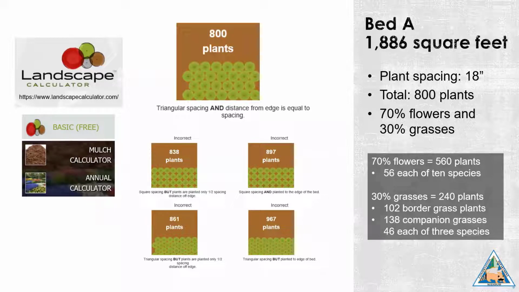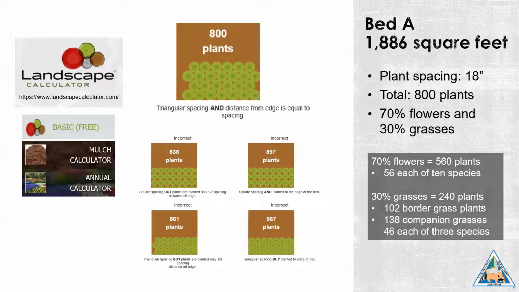So all those other squares on this slide show that based on having one of those two elements incorrect in your estimation, you're going to end up with more plants. So you're going to spend money you didn't need to spend, and you're going to have leftover plants once you're done planting your bed. And then you're going to have to figure out what to do with those extra plants.